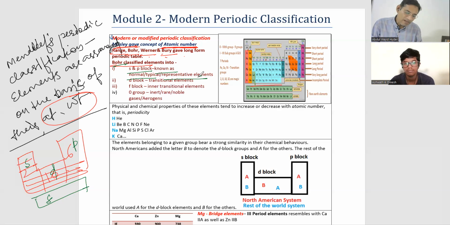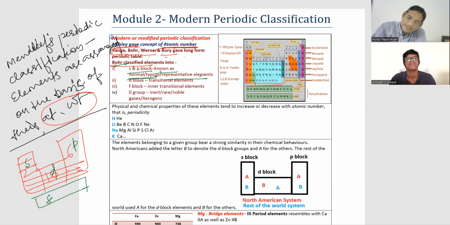Why normal? Because in S and P blocks, the new incoming electron enters into the last shell, the S and P subshell respectively, so they are called normal or typical.